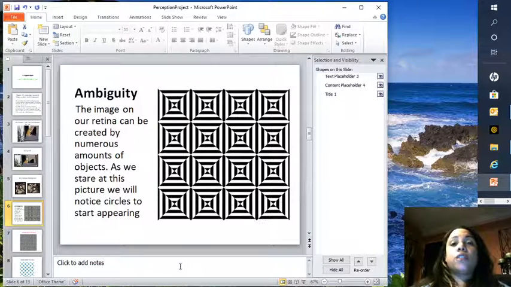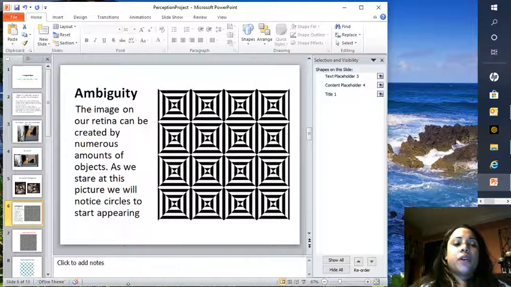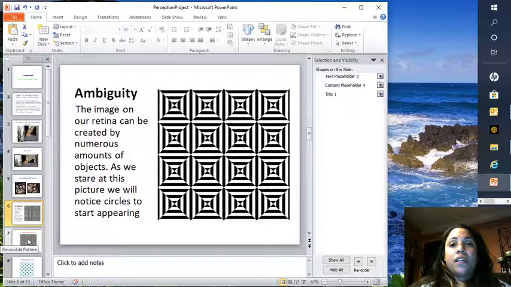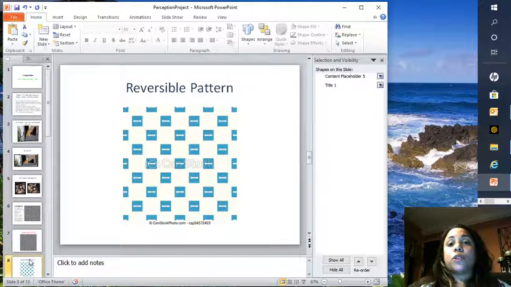However, when you actually stare at it, you're going to see that there are some circles that are starting to form without you really expecting those circles there, because robots do not have a retina that is able to create such ambiguity, such pattern. That's probably next to impossible to recreate at the moment, although I'm positive we're still trying.